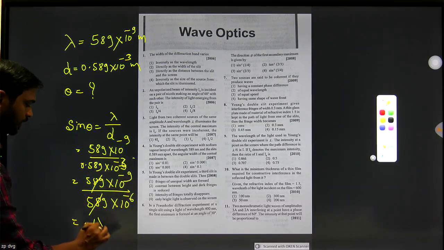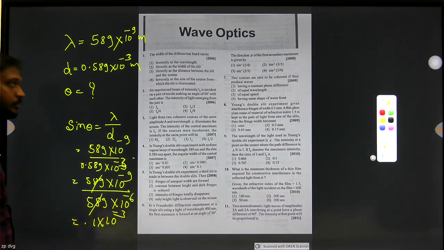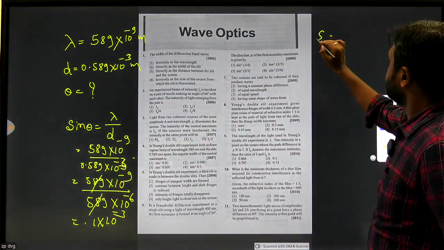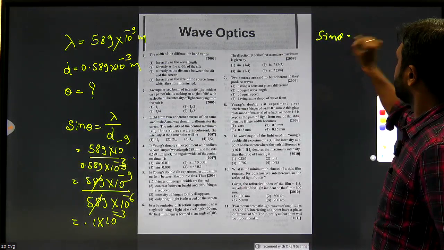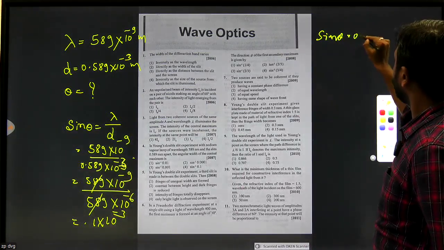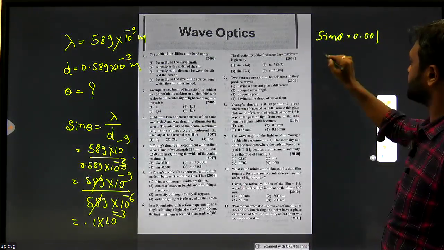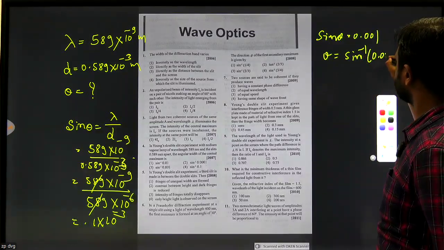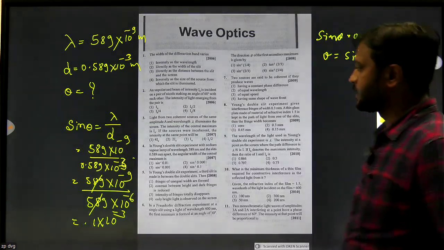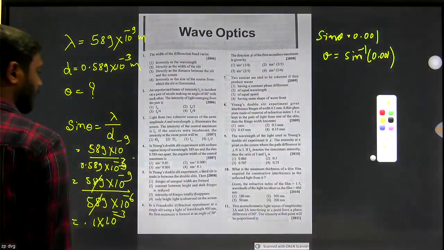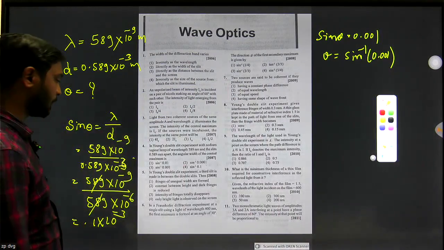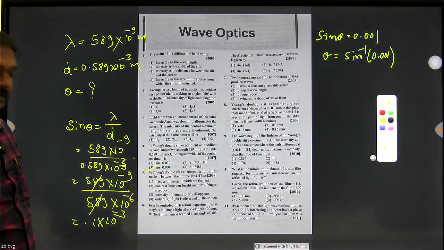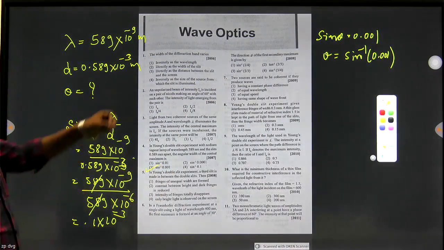That is 1 into 10 to the power of minus 3. Then sin theta equals 0.001, that is theta equals sin inverse of 0.001. Is it clear? So option A, the third one, is the answer.